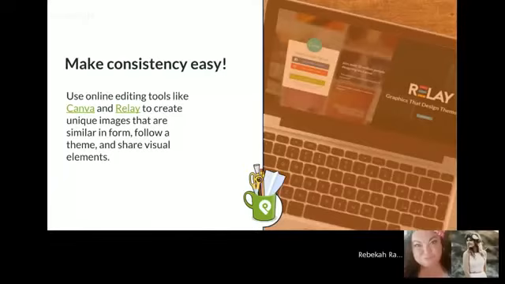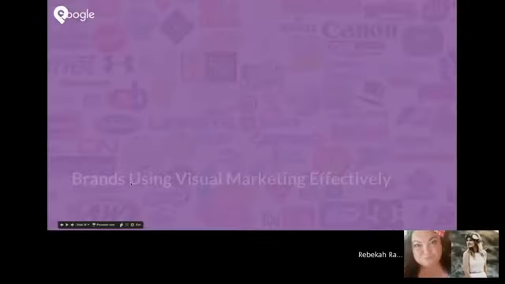So it's nice to have that hub where you can go to and start to create these templates so you don't have to reinvent the wheel over and over again.